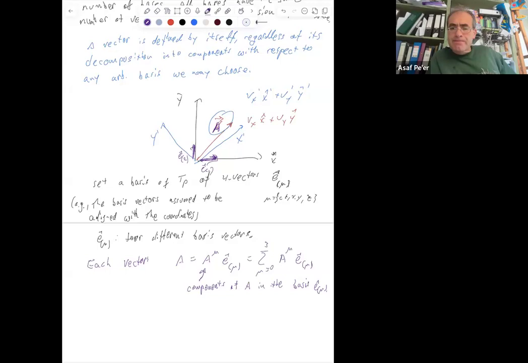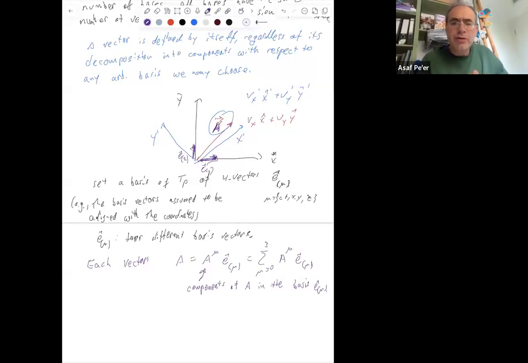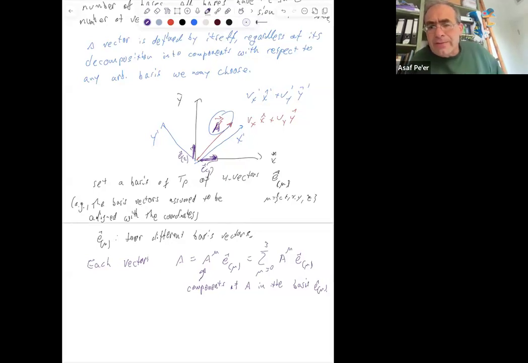All right. If I'm using a different basis, like in this small picture I drew, the blue one, then A will get different components, but of course the vector itself, A, nothing happens to it.